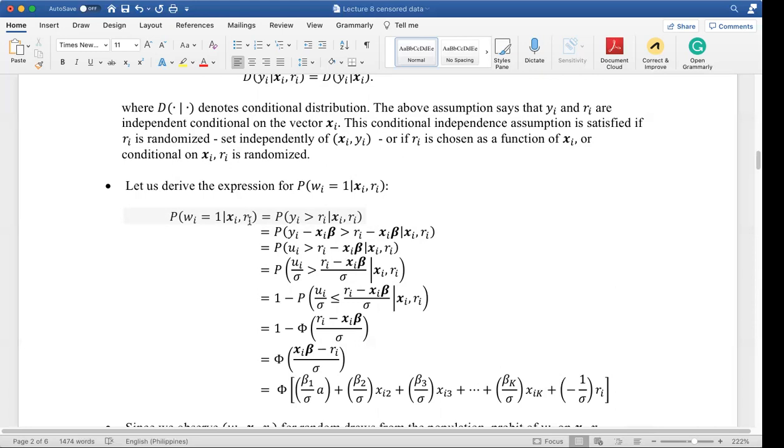That's why we are conditioning on X sub I, R sub I. But when is W sub I equal to 1? W sub I is equal to 1 if the household's willingness to pay is greater than R sub I.